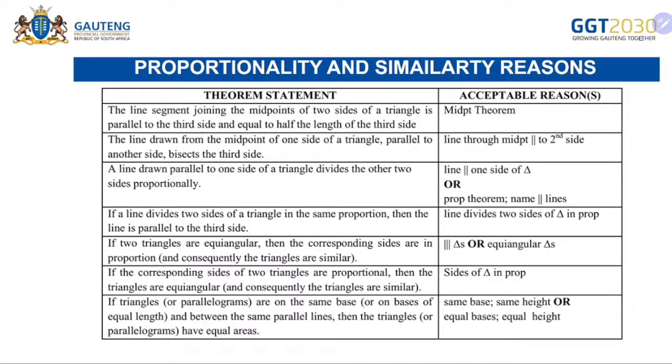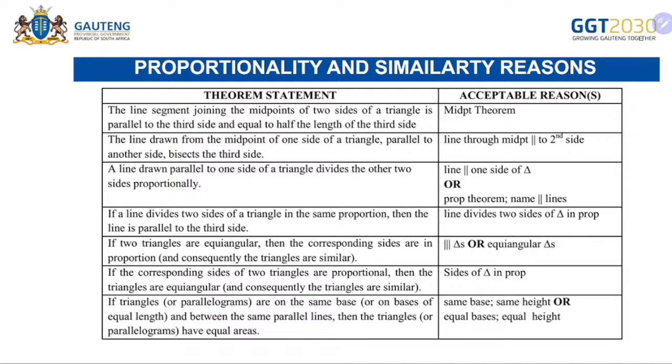We move on to the next theorem. If a line divides two sides of a triangle in the same proportion, then the line is parallel to the third side. As a reason, we give it as line divides two sides of a triangle in proportion.